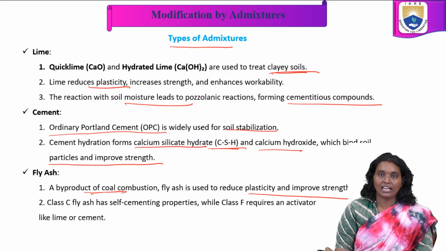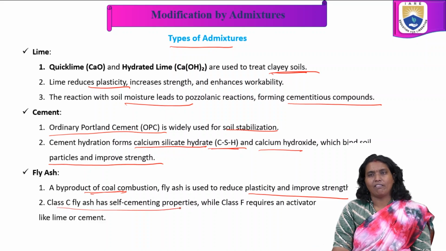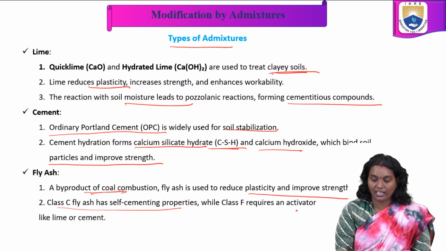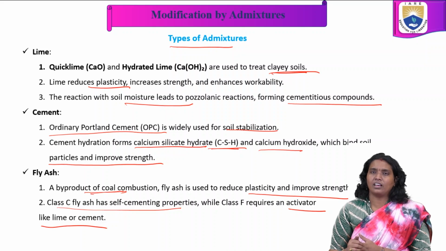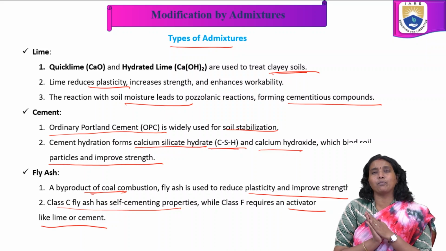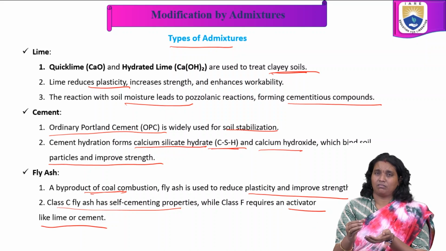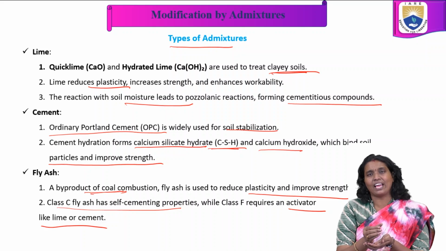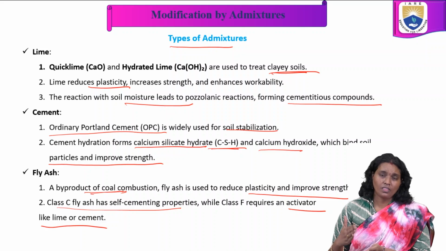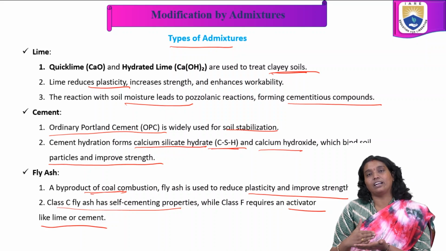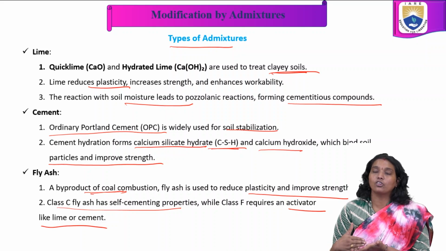Class C fly ash has self-cementing properties, while Class F requires an activator like lime or cement. Self-cementing means that whenever we have concrete and we replace the cement with this Class C fly ash, it can lead to self-compacting concrete.